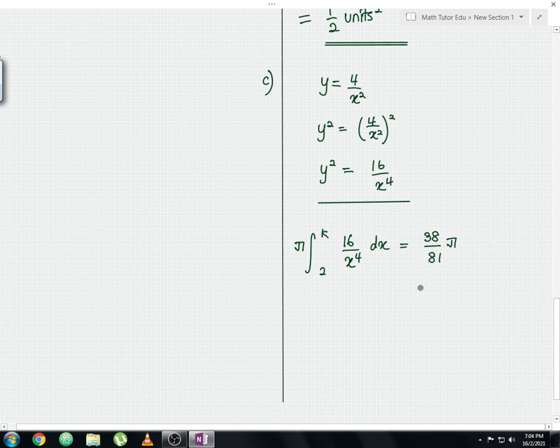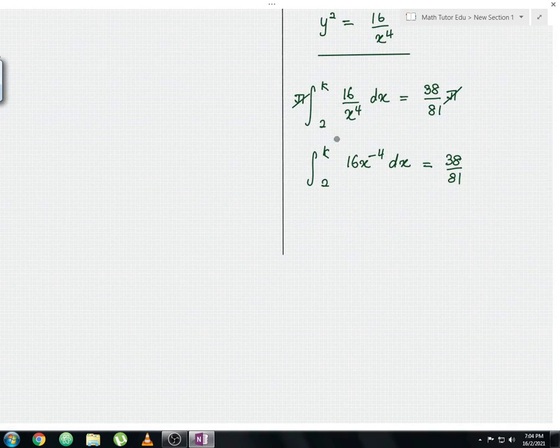The first step you can do is the pi and pi, you can cancel them out. So this 16 over x to the power of 4, this x to the power of 4, you can bring it to the top. So it will become 16 x to the power of negative 4 dx is equal to 38 over 81. Let us continue.